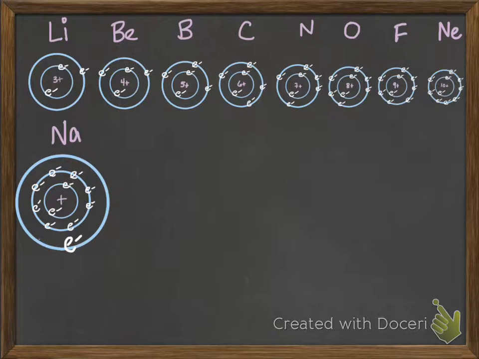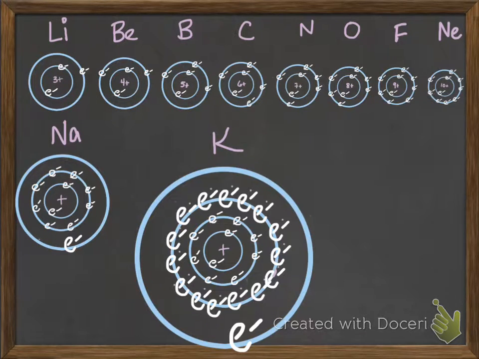As we add outermost main energy levels with sodium and then on to potassium, we're actually adding a main energy level every single time. What that means is that there are a whole lot of electrons in between the nucleus and the outermost main energy level, and the nucleus can't pull it in nearly as tightly. If we look at potassium, we see that there's a whole lot of shielding between that outermost main energy level and the nucleus.